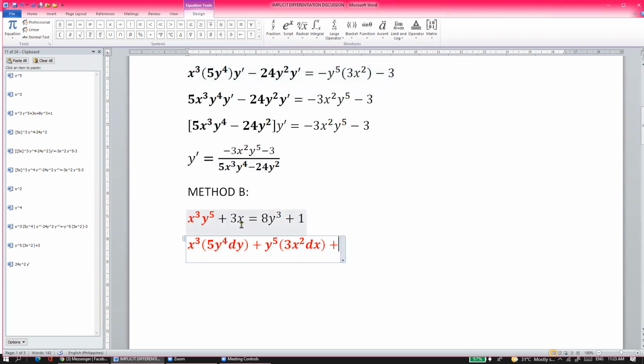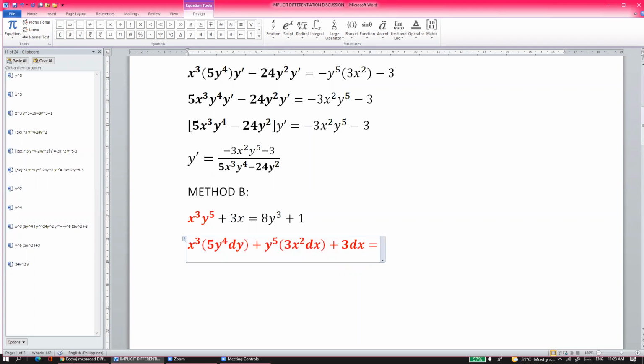So move tayo sa second term na 3x. Ano ngayon ang derivative ng 3x? If you are really listening, anong derivative ng 3x? 3. May kulang. 3dx. Okay, very good. Automatic may dx. Equal.